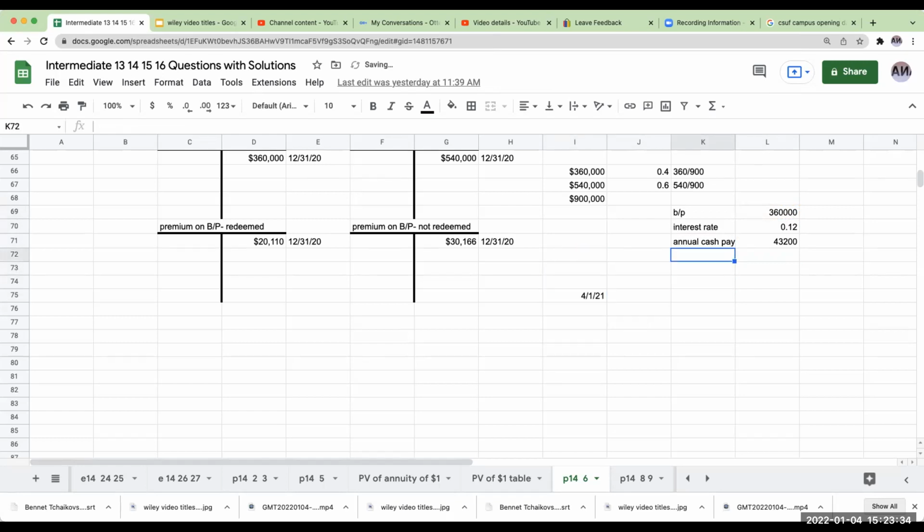However, the bond is only outstanding for 3 months, or January, February, and March, right? April's the first. We're not fooling today. Oh God, it's getting worse. So my cash paid for accrued interest is going to be 43,200 times 1/4 or 10,800.